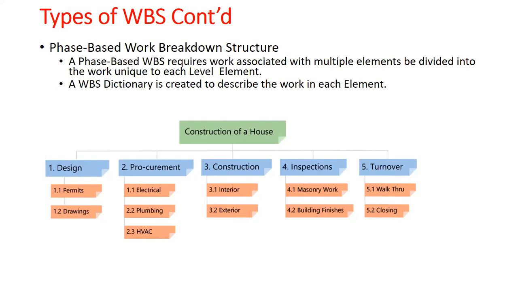Someone asks, what do we call elements under each phase? Each of these elements, like 1.1, 1.2, we have them as the project WBS elements. Although everything here is a WBS element anyway, you could also refer to them as the tasks.